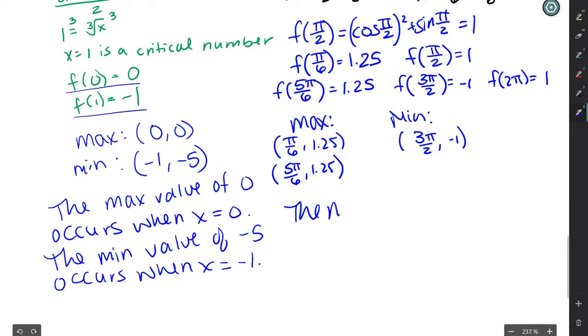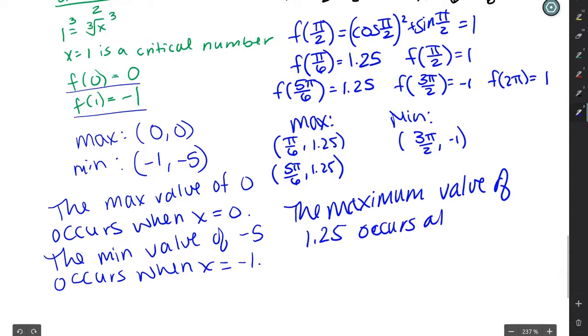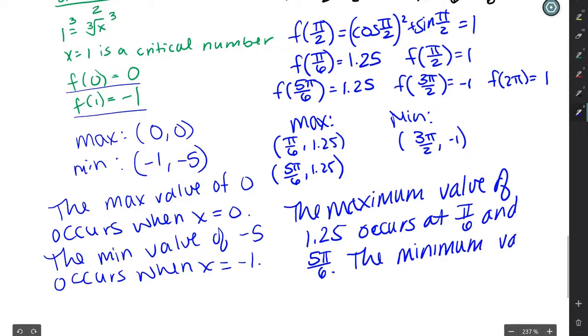So the maximum value of 1.25 occurs at pi over 6 and 5 pi over 6. The minimum value of negative 1 occurs at x equals 3 pi over 2.